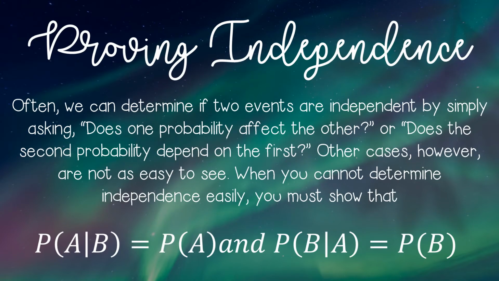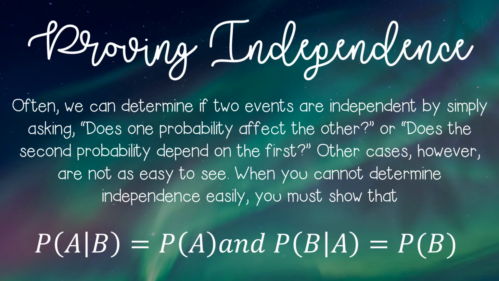Proving independence. So sometimes, and we talked about independent versus dependent in the previous lesson, independent is when one thing doesn't impact the other, but sometimes it's not as obvious as some of the examples that we did. So we can prove independence by finding the following 2 things, or technically 4 things.